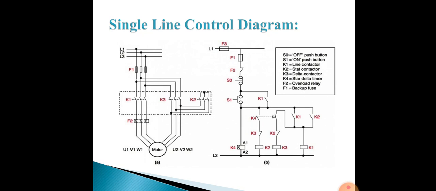K1 is the line contactor, K2 is the star contactor, K3 is the delta contactor, and K4 acts as the star delta timer. There are two devices, F1 and F2: F2 is the overload relay coil and F1 is the backup fuse.